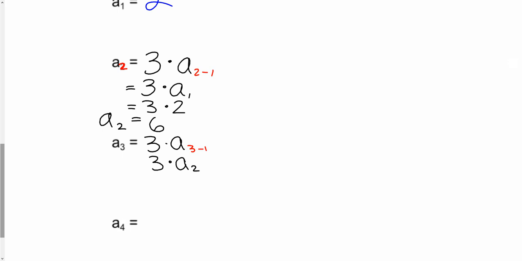Yeah, it's 6. It's the answer we got from the last problem. And that's the whole idea of what a recursive formula means. In order to get a sub 3, I need to know what a sub 2 is, because I'm going to use it as part of my work to get to the next number. So a sub 2 is 6, which means a sub 3 is 18.